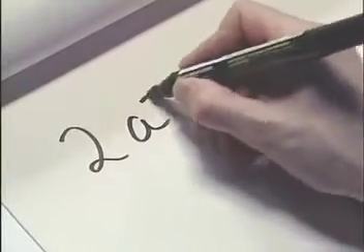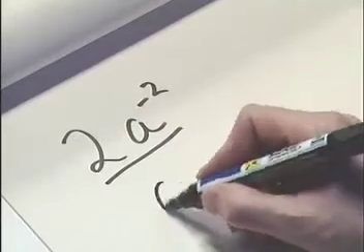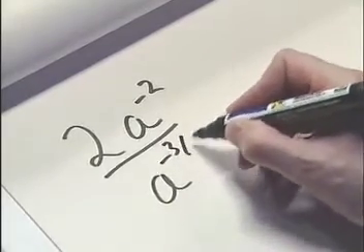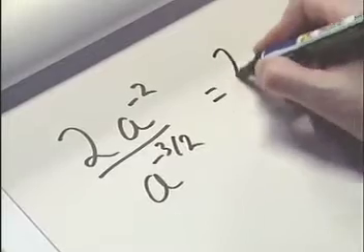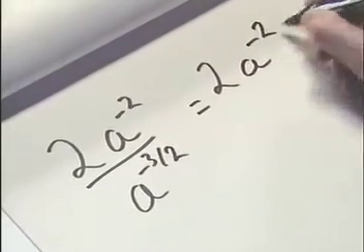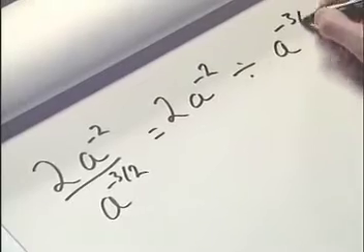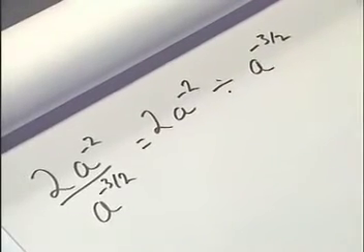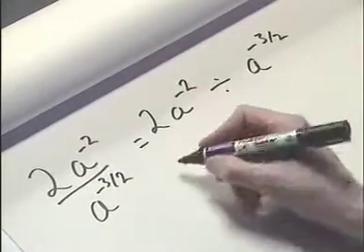2a to the minus 2 divided by a to the minus 3 over 2. Let's remember what our rule said, that if we're dividing things like this, we actually subtract the indices.